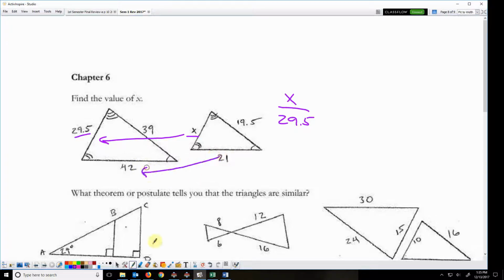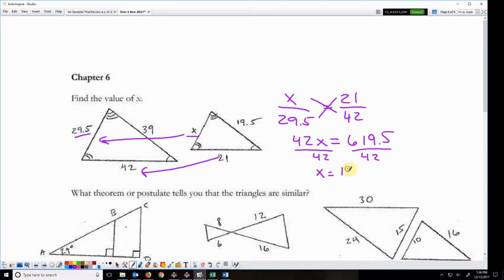I'm just going to use these two here. 21 over 42. Okay, so when I do my cross products, I get 42x, and 21 times 29.5 is 619.5. Divide by 42, x is 14.75.